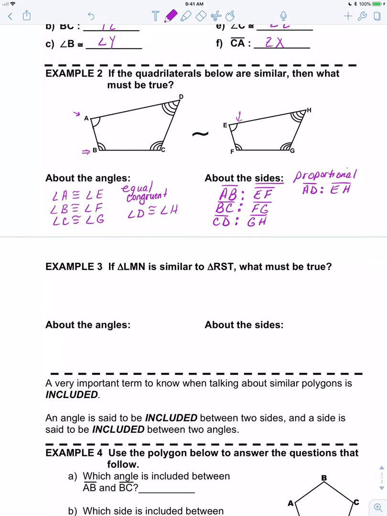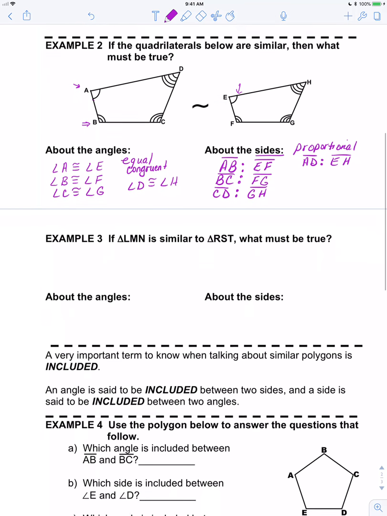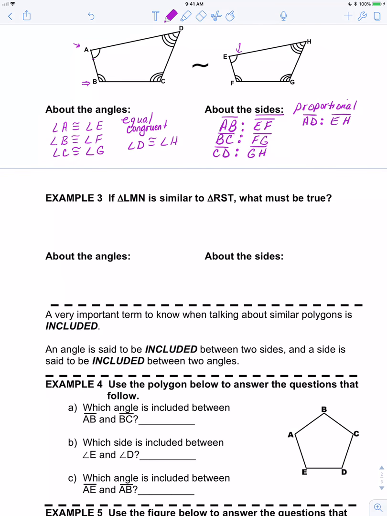Okay. If triangle LMN is similar to triangle RST, what must be true? Well, again, I think we've talked before about how those positions matter. So angle L would have to be congruent to angle R. So I don't even have to draw these out if I didn't want to, but we could draw a triangle and just label it LMN.